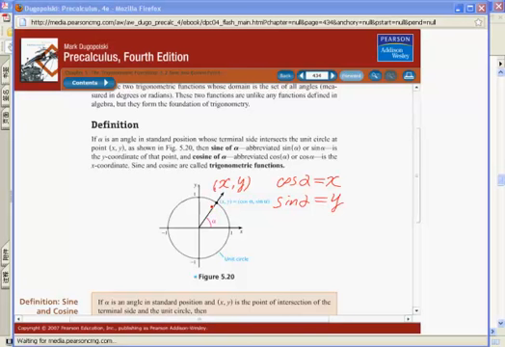So now, since this point is one point on the unit circle, it must satisfy the equation of the unit circle, right? We know the equation of the unit circle with the center at the origin is x squared plus y squared equal to 1, right?